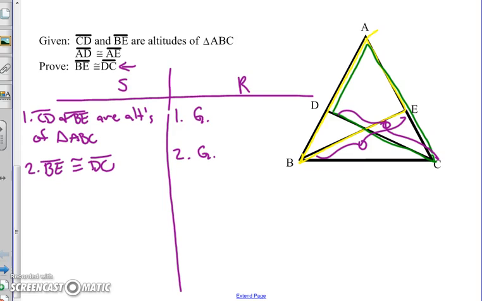That's another pair of segments that are congruent on those upper triangles. And if I prove those upper triangles congruent to each other, they still have BE and DC as sides on them. So then I could use a CPCTC on those two and come up with those two sides are congruent. So this one I have two different options. I can either do the bottom two triangles or I can do these top two triangles. Either way, I think we're going to be able to get there. Being I have these two top triangles highlighted, I'm going to go ahead and use those ones.